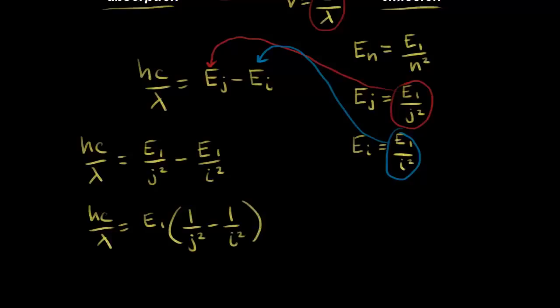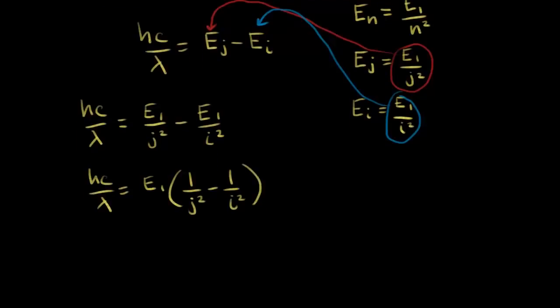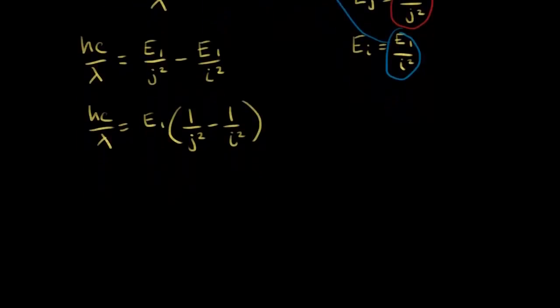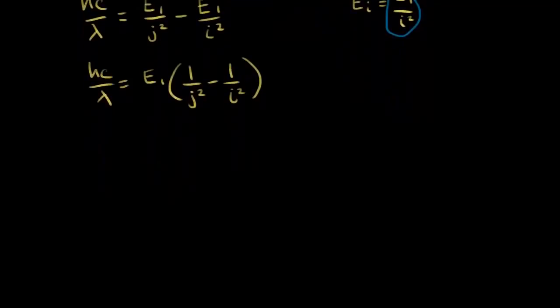We could divide both sides by hc, so let's do that. On the left, we would have 1 over the wavelength is equal to E1 divided by hc, times 1 over j squared minus 1 over i squared.